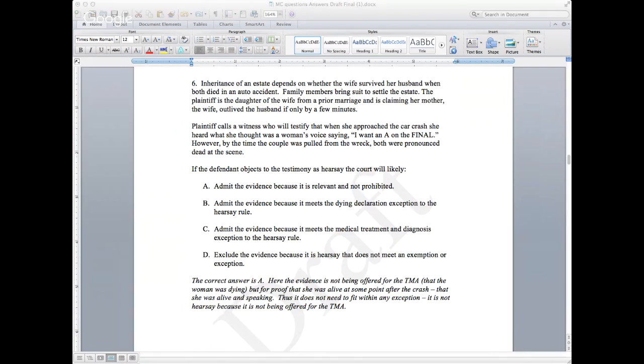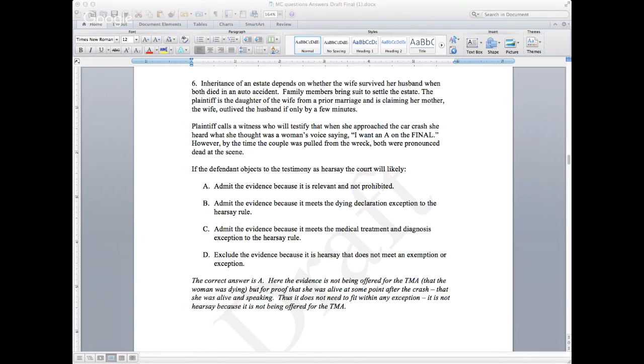There's a huge case in torts, if you take Wills and Trusts, where there was an actual plane crash, and there was a husband and wife, and they had wills where the husband's family would get everything if he died last versus the wife's will. The cop goes to the scene and testifies the husband said, "I'm still alive."